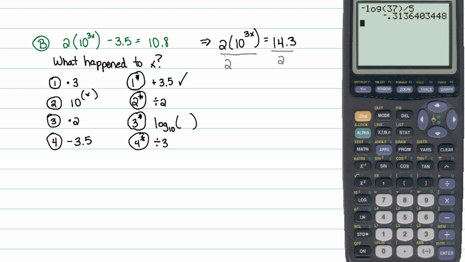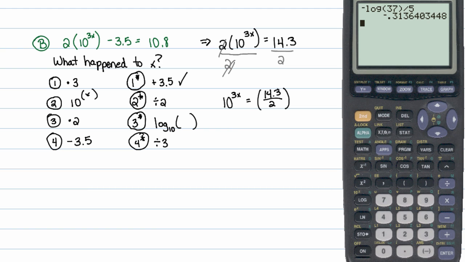These 2's will cancel nicely, and we get that we have 10 to the 3x is equal to, well, you could either leave it as a fraction. I probably would. I'd probably just leave it as a fraction like that for now.